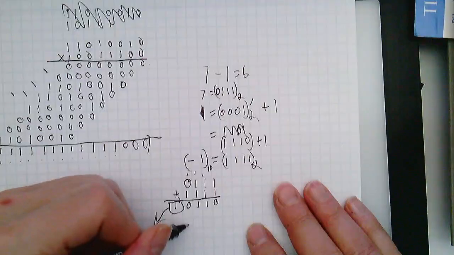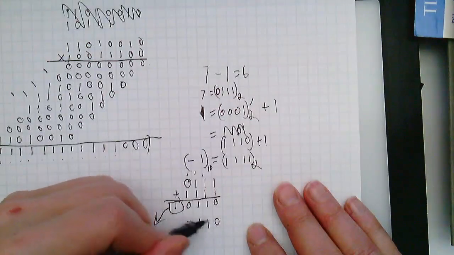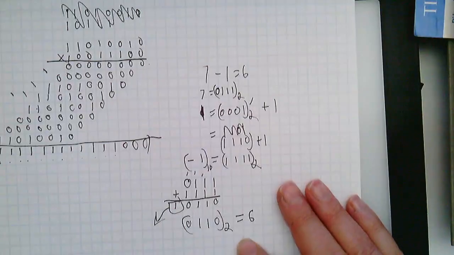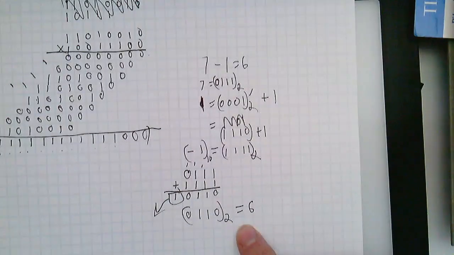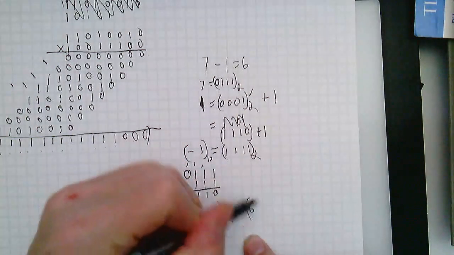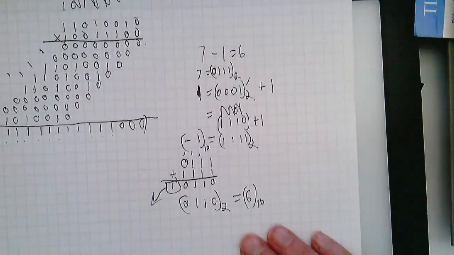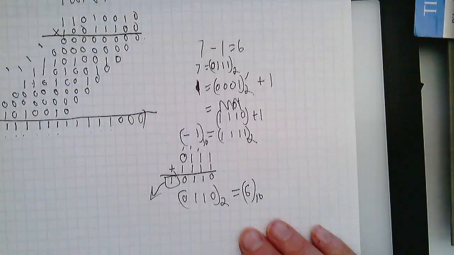So at the end of the day, you have 0110 base 2 equals 6. That is the 2's complement representation of 6, base 10. Who got confused by that? Anybody? Any other questions about the midterm?